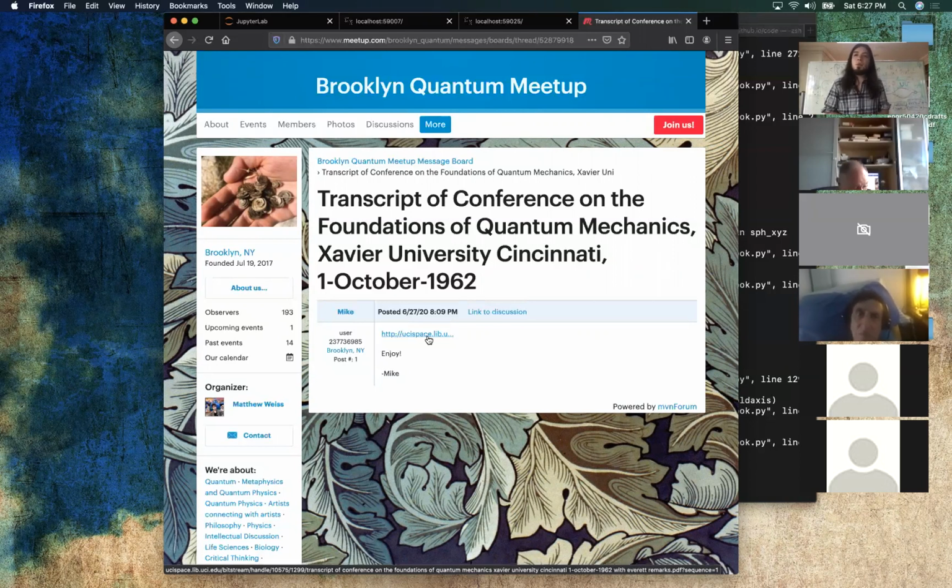One of the points I was going to make is that the very reason, and they mention this in the text, that we give up determinism is to protect locality.